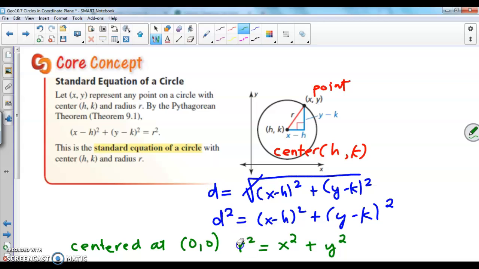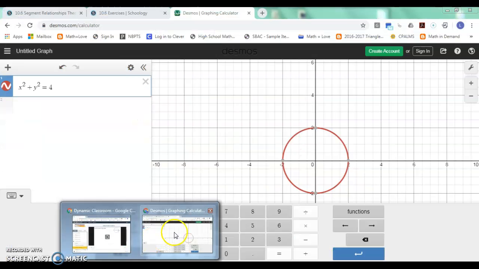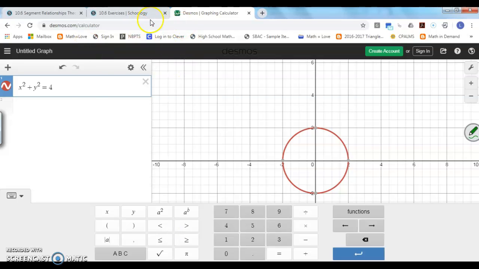So let's play around with some values of r here. To do that, go ahead and open Desmos. Go to Desmos and try typing x squared plus y squared is equal to 4. So this means that the circle is centered at the origin, right?